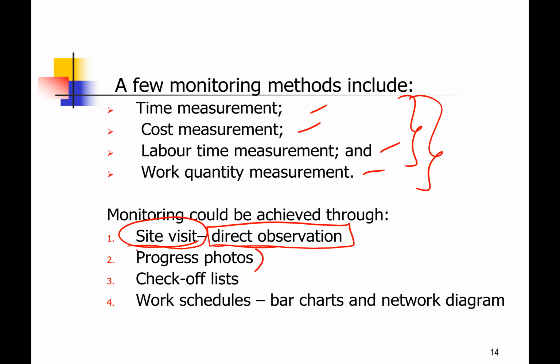Progress photo. Progress photo has been used a long time ago. Okay, when you submit a progress claim to the client, normally progress photo will be part of the progress report, because from progress photo people can see, oh, okay, now you have already finished construction up to what floor, etc. But when you give pictures, you do take from the same angle.